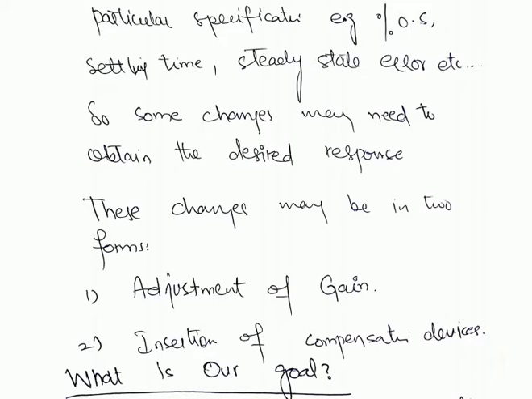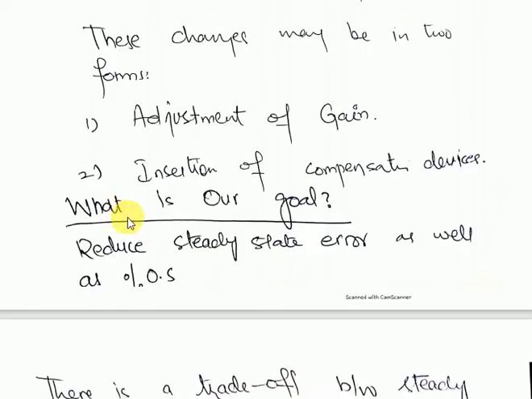What is our goal? Our goal is to reduce steady state error as well as percentage overshoot. We have many other specifications like settling time, percentage overshoot, rise time, but why are we focusing on these two, steady state error and percentage overshoot? Because whenever in a system we reduce steady state error, the percentage overshoot increases, and vice versa.